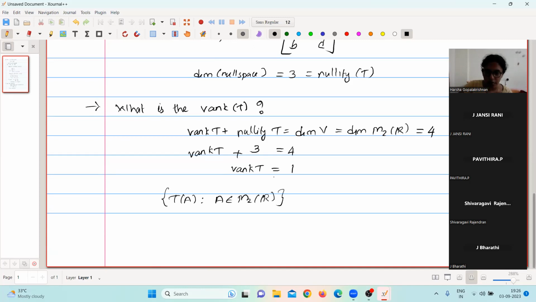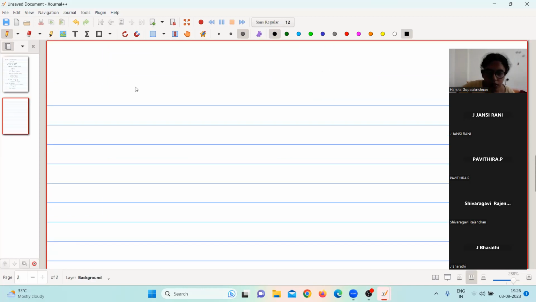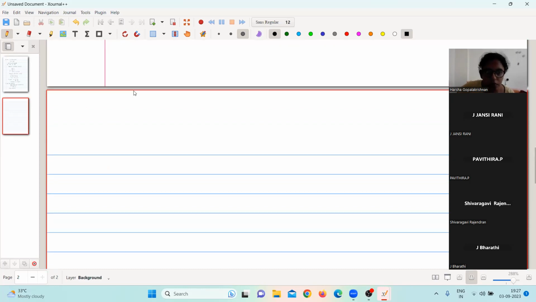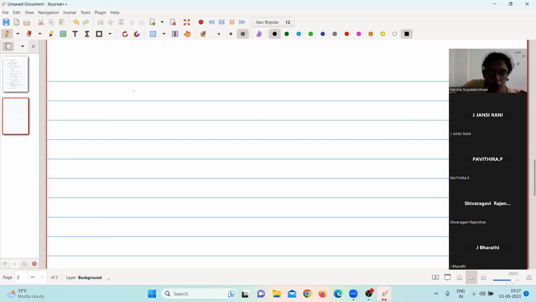Let me write it. So here T of A equal to (A minus A transpose) by 2. If we are taking A equal to [A, B; C, D], then A transpose is [A, C; B, D], all by 2.